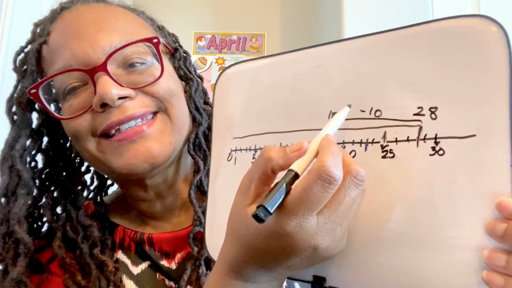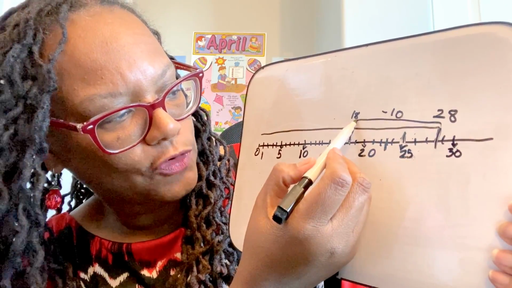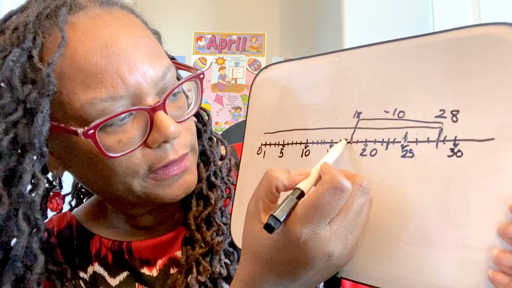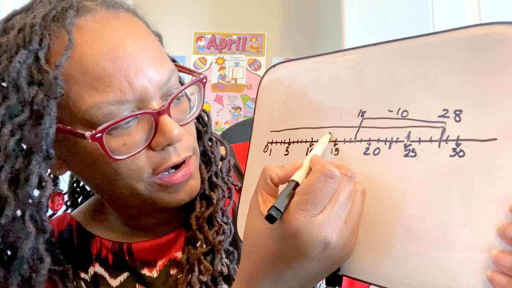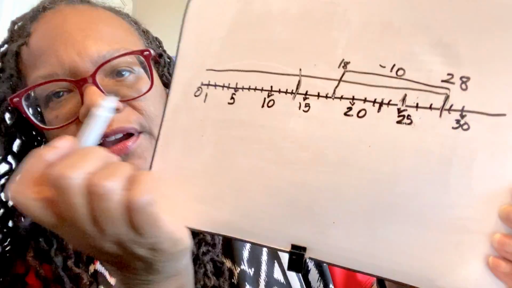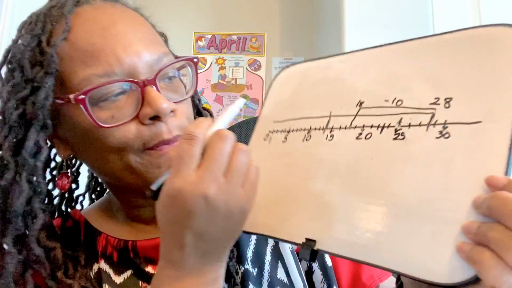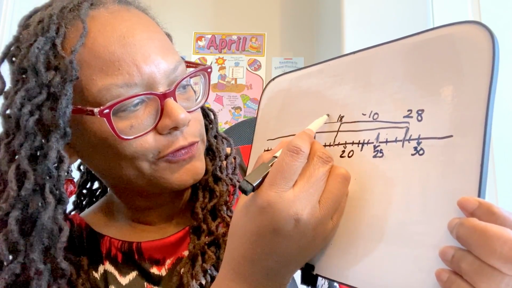Because we're trying to get to 14. So let's go back 1, 2, 3, 4. What number is that? Right there. We go back 4 more. Minus 4.